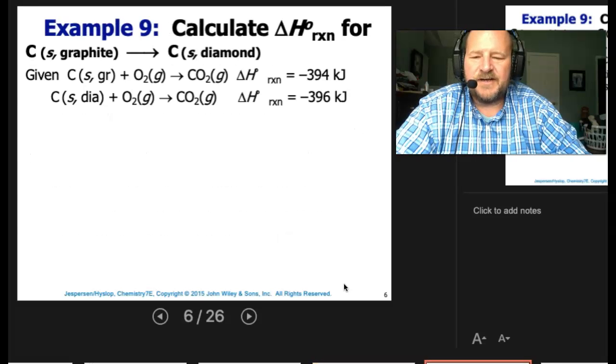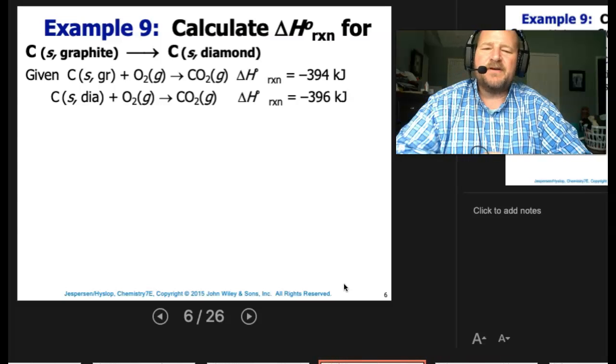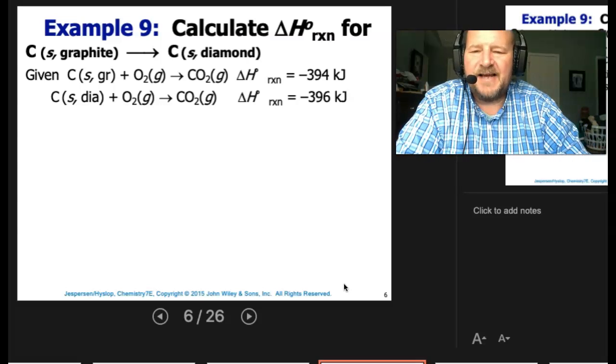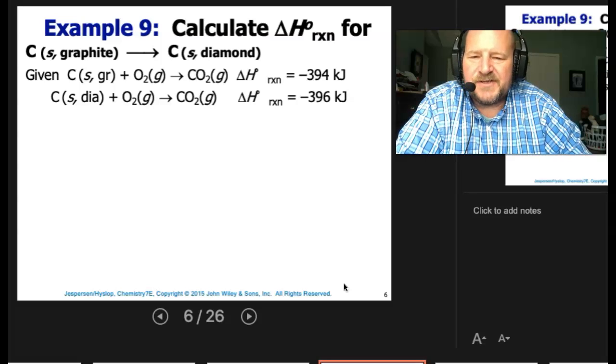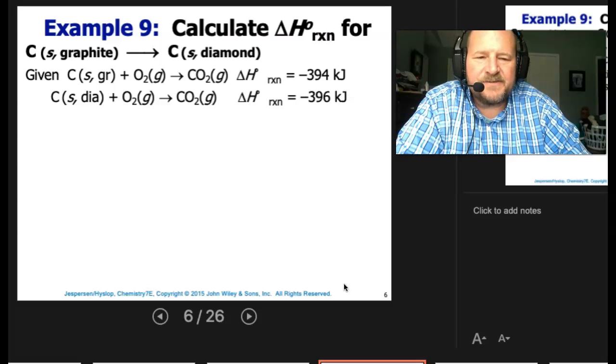All right, let's look at an example. Calculate the delta H of reaction for carbon as solid graphite going to carbon solid as diamond. So given carbon plus O2 goes to CO2, that delta H will be negative 394. Carbon as a diamond, adding O2 producing CO2, will give negative 396.